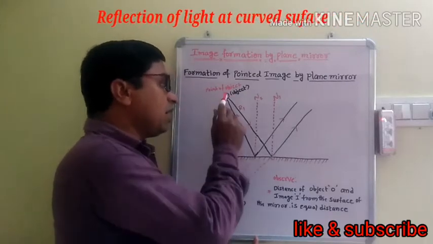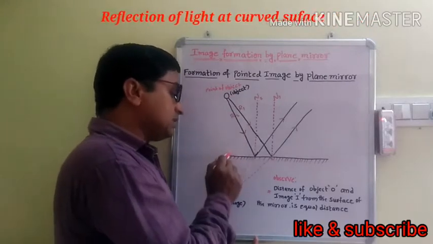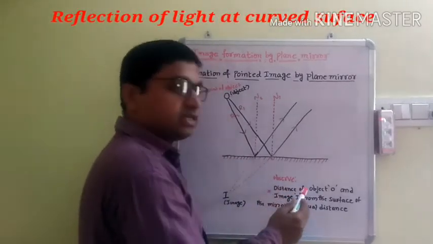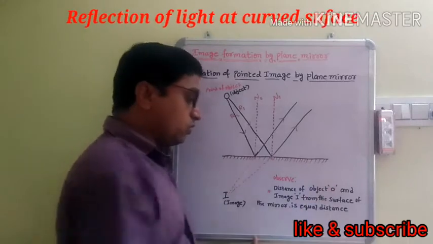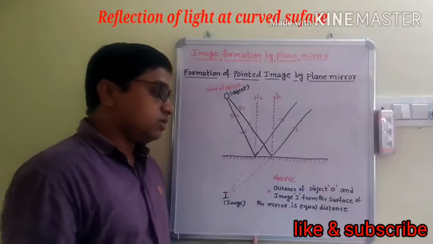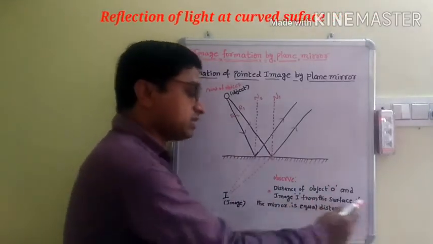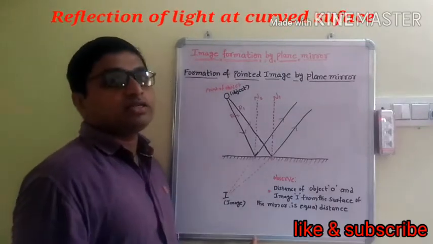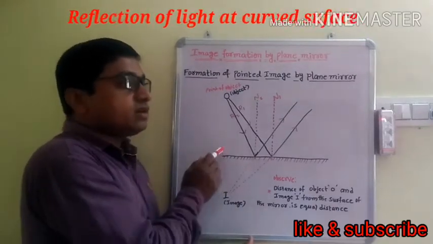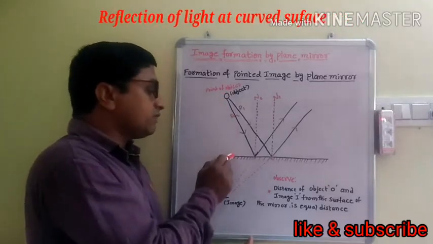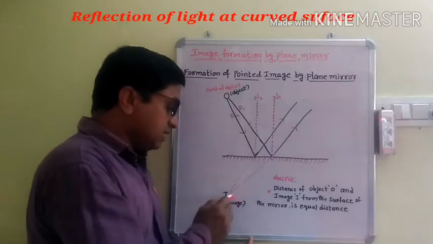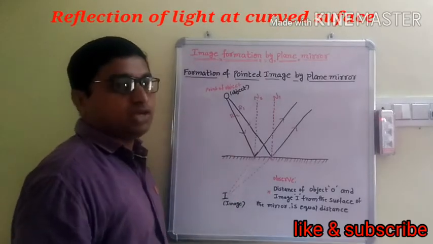The distance of the object O and of the image I from the surface of the mirror is equal. The object distance from the surface and the image distance from the surface are equal.